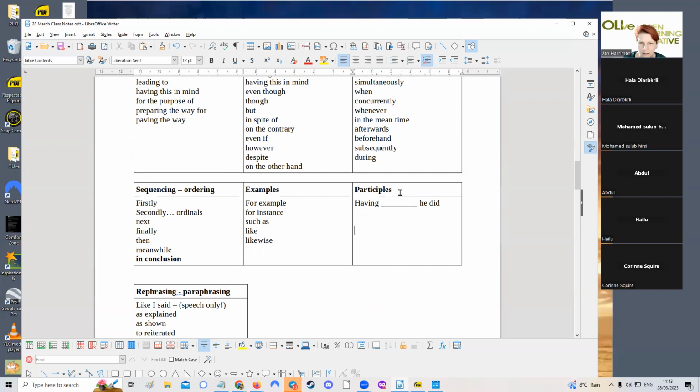Having bought a boat, he sailed the ocean for a year. Having bought a bicycle, he traveled the country. If you could just explain the idea, then we would probably come to know.